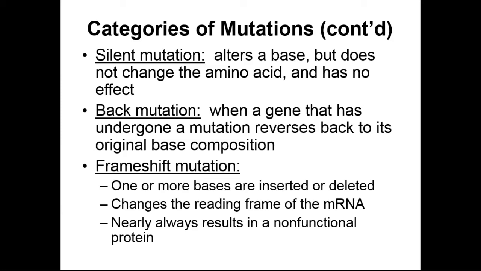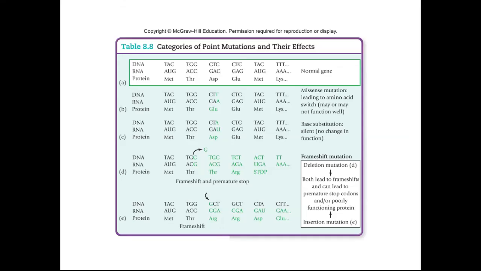By changing our frame of reference with a frame shift mutation, we are going to alter essentially all the downstream amino acids in the protein and potentially introduce a stop codon where there was formerly no stop codon. Frame shift mutations in almost every single scenario I can envision result in a non-functional protein being produced.